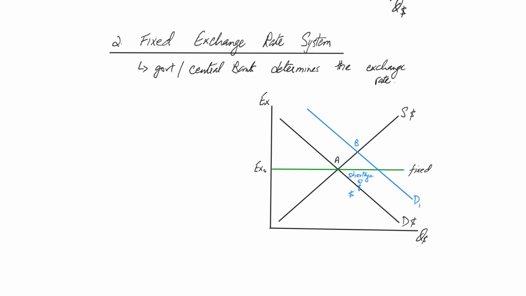Well, the central bank is going to sell dollars and buy foreign currency. And when they do that, the supply for dollars is going to increase because they're selling it. And as a result, the exchange rate is managed. Okay, they've been able to deal with this problem.